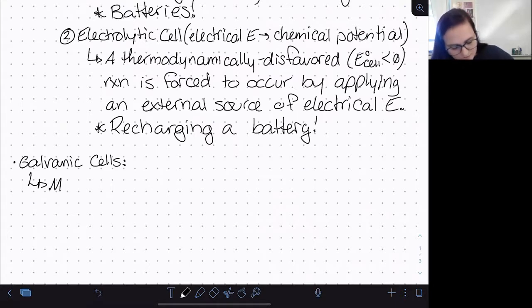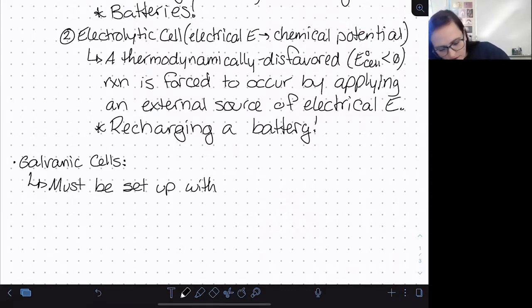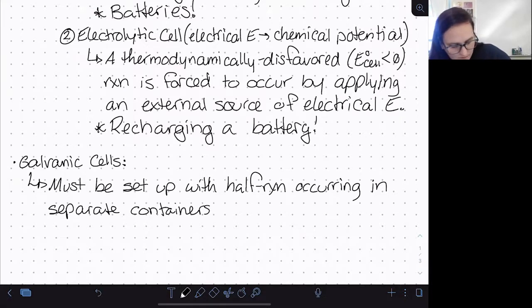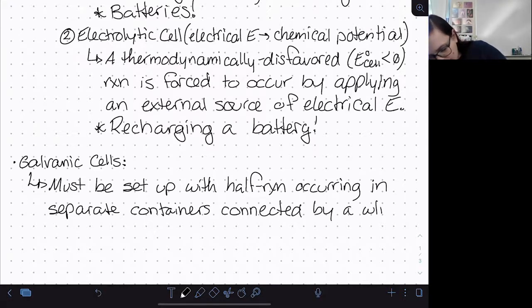So what needs to be true is that it must be set up with the half reactions occurring in separate containers that are connected by a wire or some kind of circuitry.